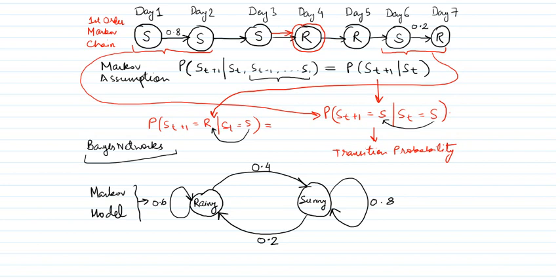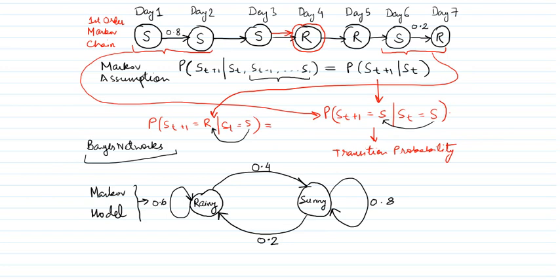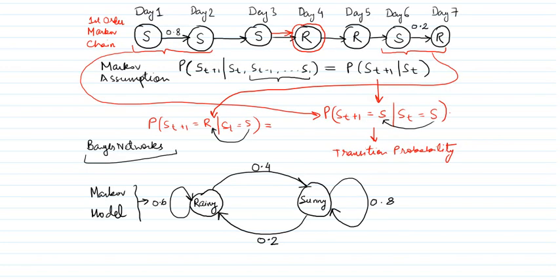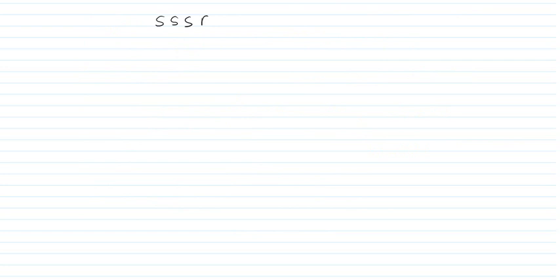Now what could be the problem? I may be given a sequence. Suppose I take the same sequence S S S R R S R. I may be asked to write down the probability of this sequence.